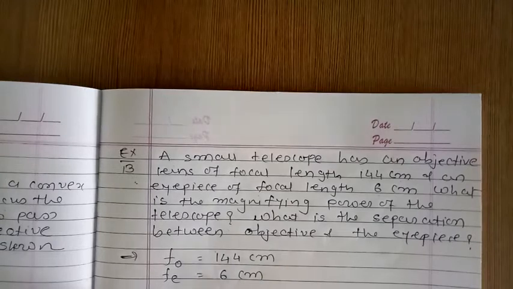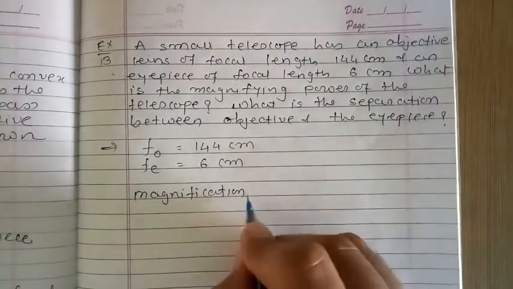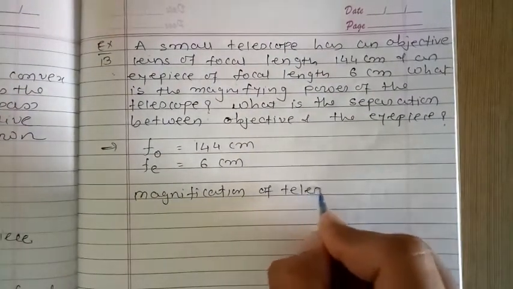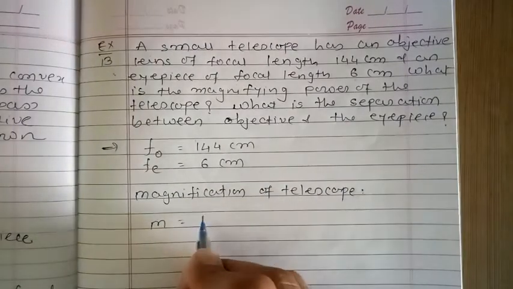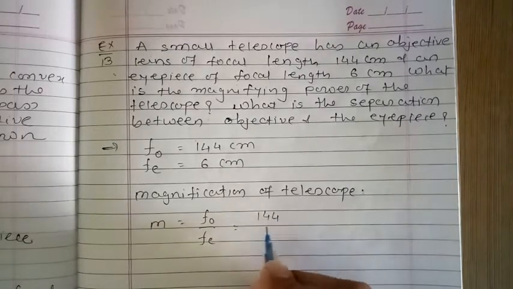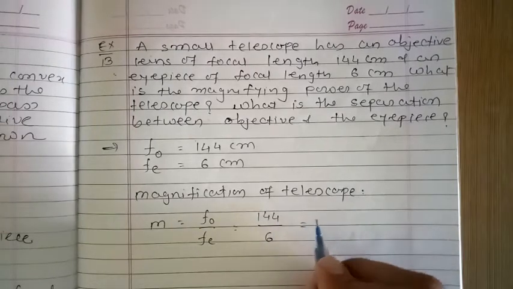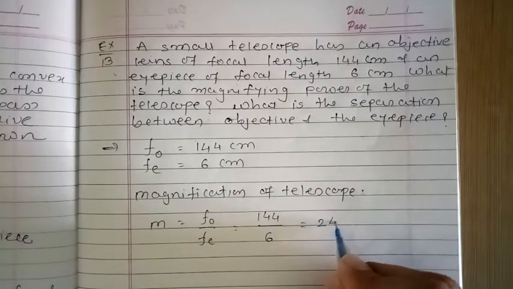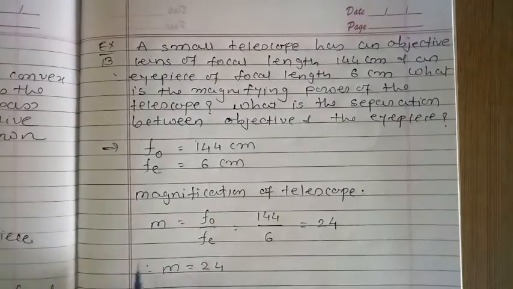Now the magnification of the telescope. We know the formula of magnification. M is equals to FO upon FE. Value of FO 144, value of FE 6. So we get 24. So magnification M is equals to 24.